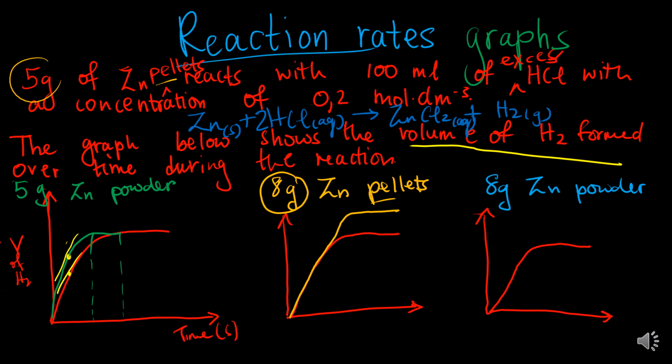Powder compared to pellets means the rate of the reaction is going to be faster than before, and completion is going to be reached much quicker than before, right? I had 5 grams of a limiting reagent, now I have more of the limiting reagent. So it's going to be a faster reaction rate, and I'm going to produce more than I was producing before, right? Faster reaction rate and more is produced than before.